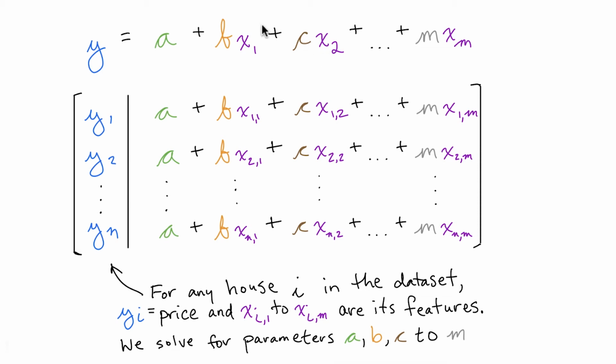And what we're trying to learn with our regression model is we're trying to figure out what the parameters a, b, c, all the way through to m are. And then that way, when we get information about a house in the future, when we get the number of bedrooms, x1, the distance to school, x2, all the way through to however many features, m features we have, we can use those parameters, a, b, c, and m, to predict what the house price is likely to be.